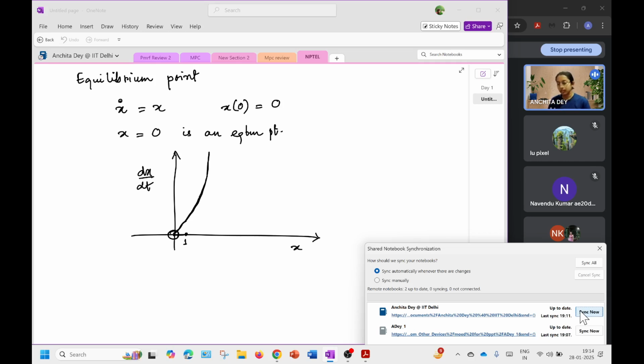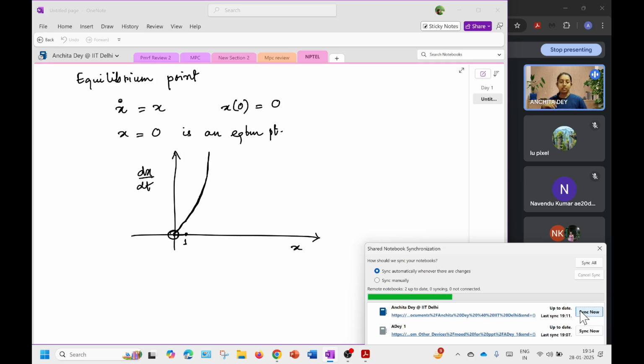If you stay at 0, then you will always remain at 0 no matter what happens. So that is your equilibrium point, and in fact, it is a stable equilibrium point. Why? Because even if you perturb it in a very small fashion, it won't be affected anyway. That's why we call it a stable equilibrium point.